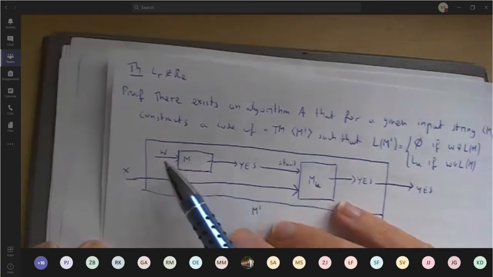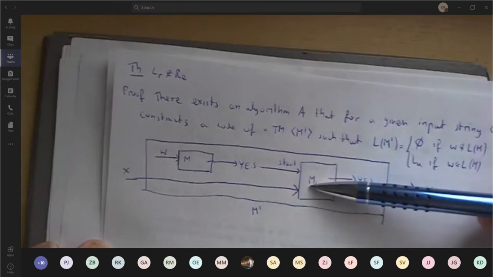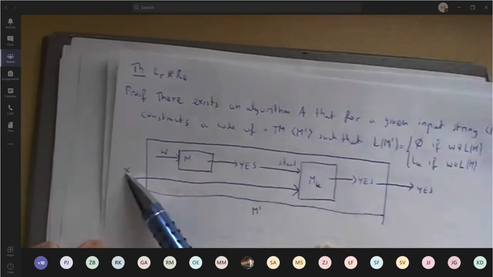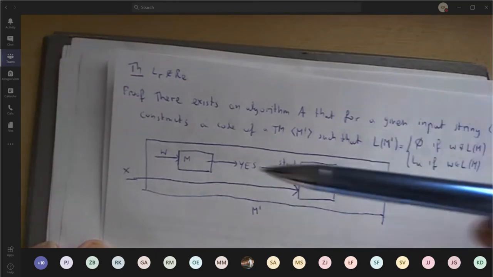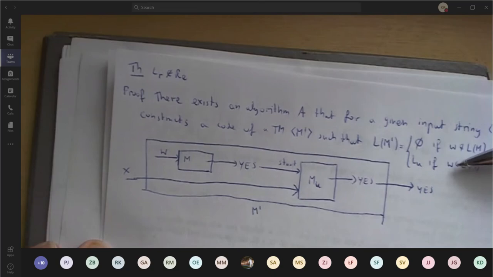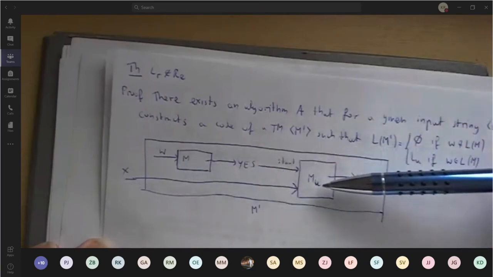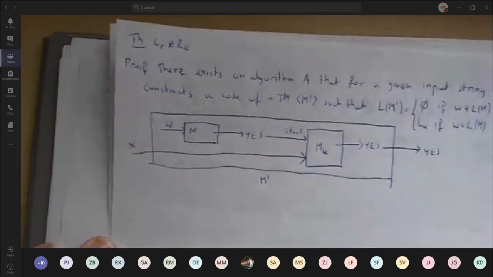So if M does not accept W, then MU doesn't even start. So M prime does not accept any X, so it accepts the empty language. And if M accepts W, then M prime accepts its input if and only if MU accepts this input, so if and only if this input belongs to the universal language.